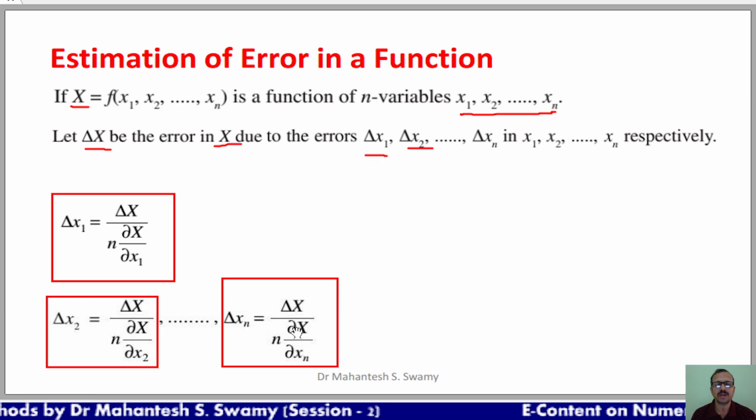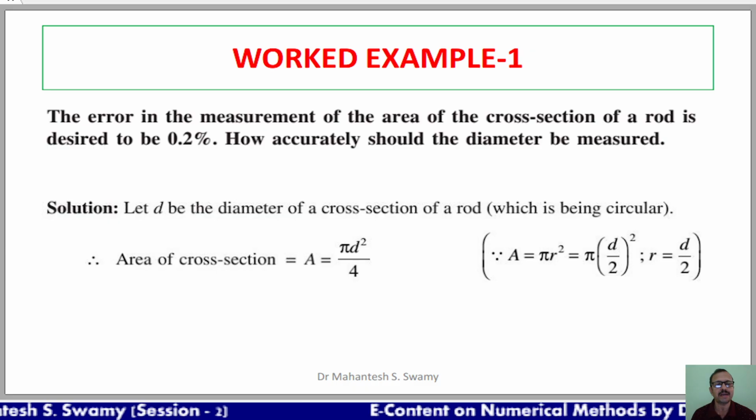So this is the formula. You can observe everywhere delta x, the error involved in the function, is given in the numerator, divided by the number of independent variables times the partial derivative of the function with respect to that independent variable whose error we are estimating. This is the thing we have to keep in our mind, and with this background we can look at an example. You can solve this example quickly.